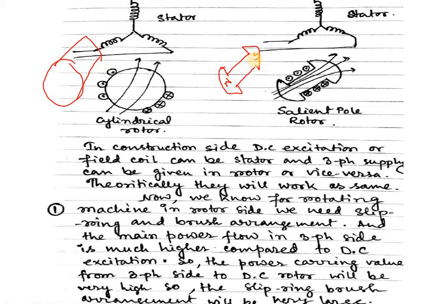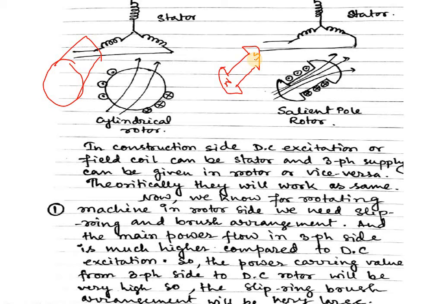Now this discussion is based on the rotating machine rotor side structure, and here on the rotor side we need slip rings and brush arrangement, and the main power flow in the three phase is much higher compared to DC excitation. It is easily understandable that three phase supply will definitely be very high compared to DC.